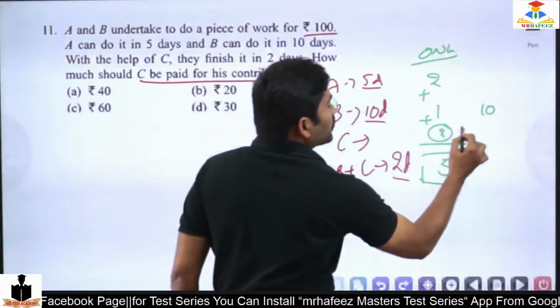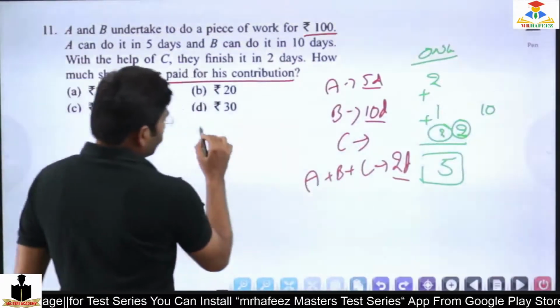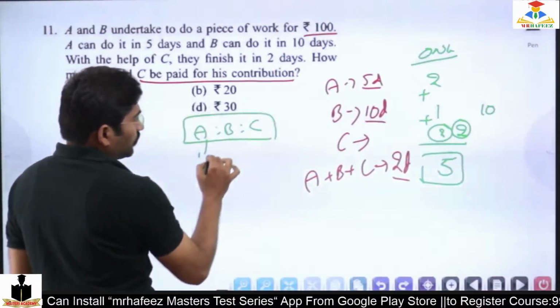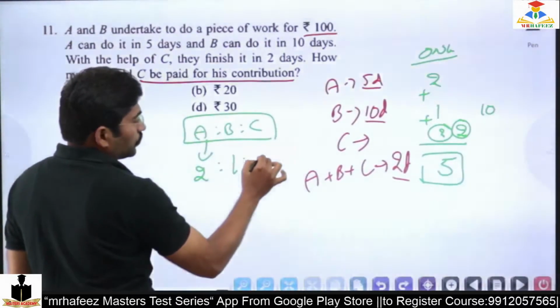The answer is 2. So A to B to C is 2 to 1 to 2.